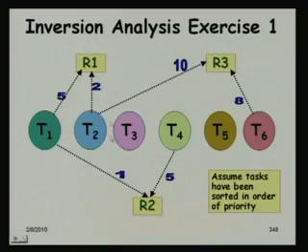So, what are the direct inversions for T1? T1 will undergo direct inversion due to which task and for what duration? It will undergo direct inversion with T2 for 2 millisecond, and also with T4 for 5 millisecond.